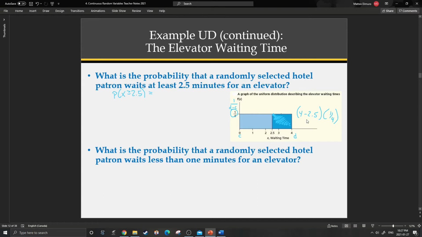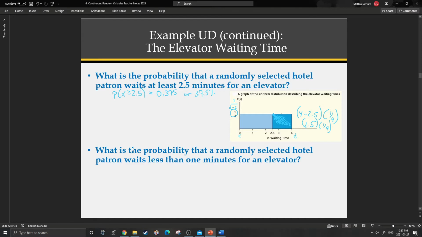So really, all you need to do is 1.5 times 1/4, and you will have your answer. So if you do that, you're going to get 0.375, or 37.5%. So there's a 37.5% chance that you'll wait at least 2.5 minutes.